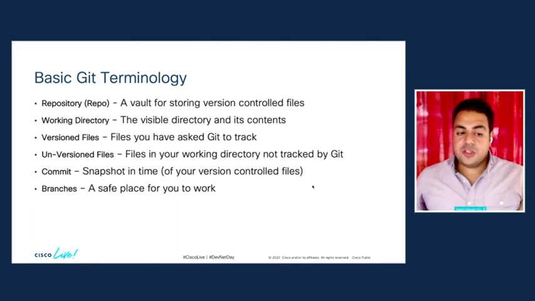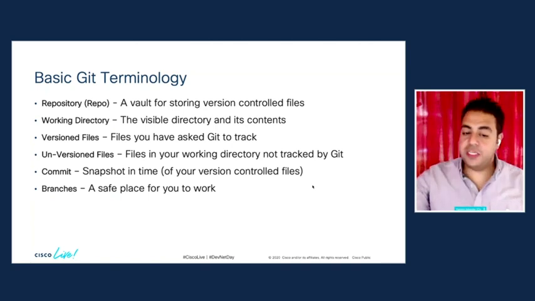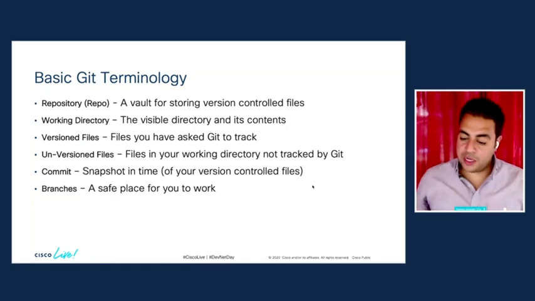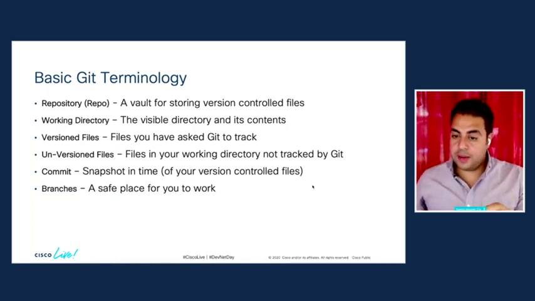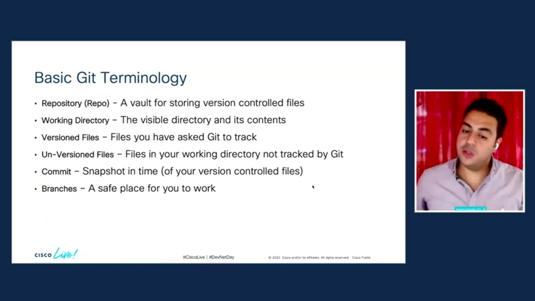Commit is the action you take to essentially take a snapshot of that version controlled file. Branches are a safe place for you to work. You basically get a copy of the repository, you create a branch, and you work on that branch. Once you're ready to commit those changes to the master branch, the main branch, you just merge it back in.